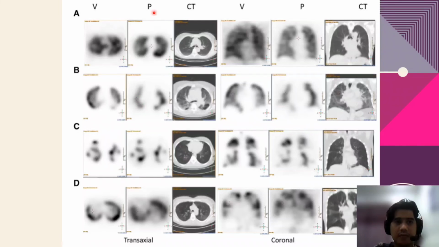The right and left lung distribution of perfusion is 50-50, and the ventilation is 64 and 36. The patient has restriction and severely reduced DLCO. The HRCT shows extensive paraseptal and central lobar emphysema, 40% emphysema, and basal fibrosis.